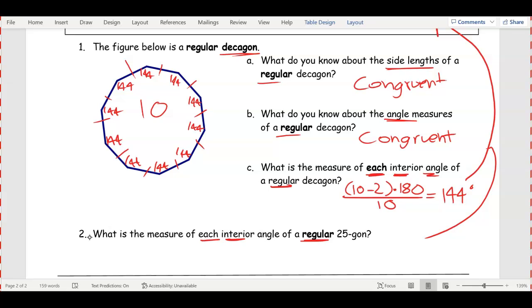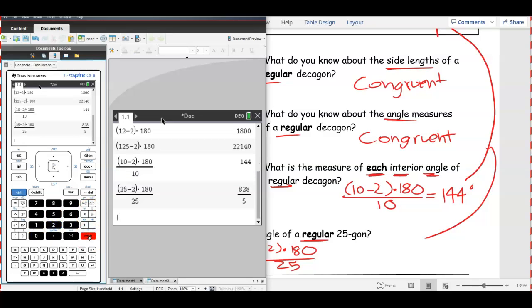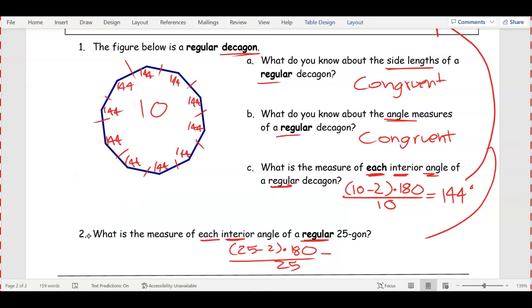So here we go. 25 minus 2 times 180 divided by 25. Now, if you get a fraction like that, make sure you hit Control Enter. And I get a decimal, 165.6 degrees.